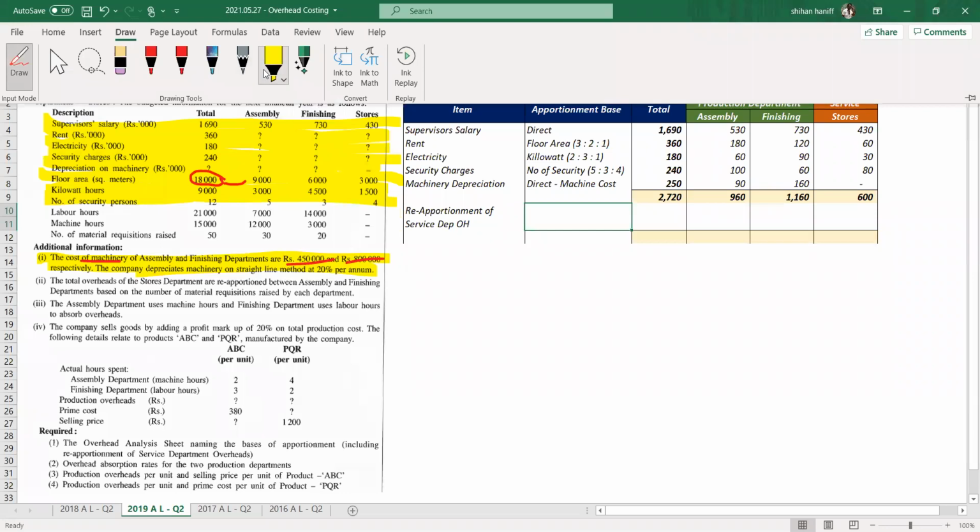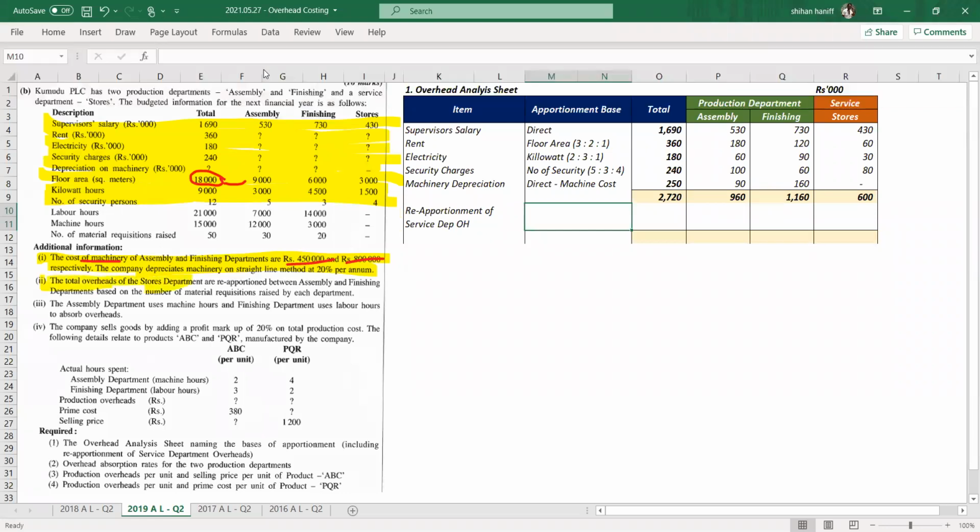The basis for reapportionment is given in the additional information number 2. The total overheads of the stores department are reapportioned between assembly and finishing department based on the number of material requisitions raised by each department.